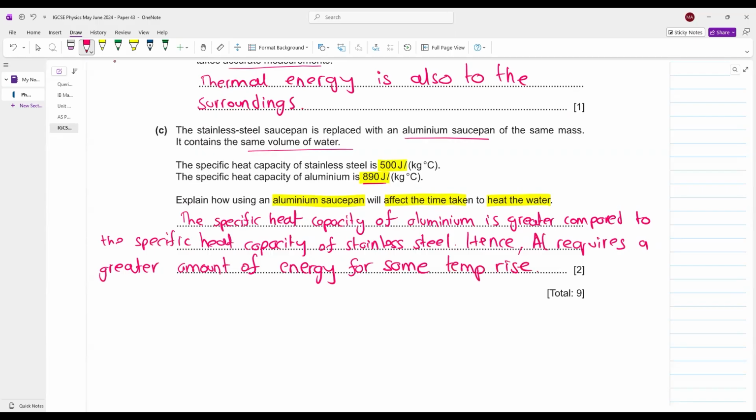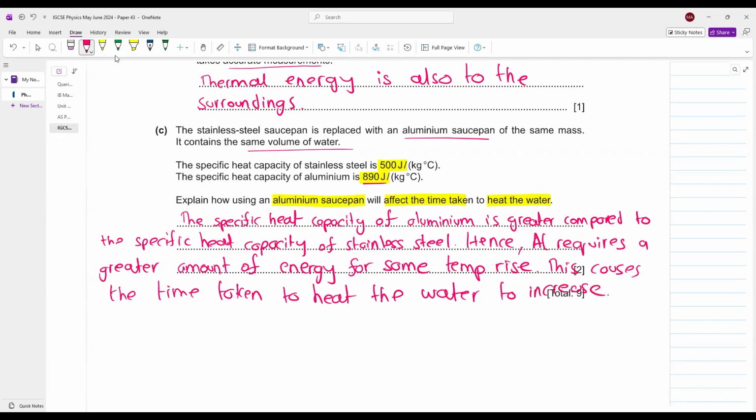Easy. इसके आगे क्या लिखोगे? This causes the time taken to heat the water to increase. Simple as that, nothing complicated here. आगे बढ़ते हैं बेटा.